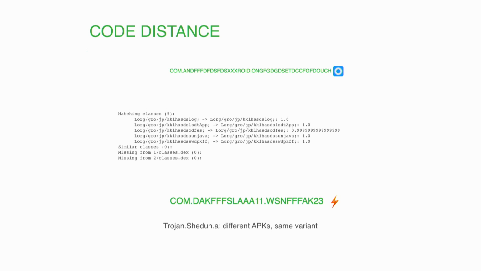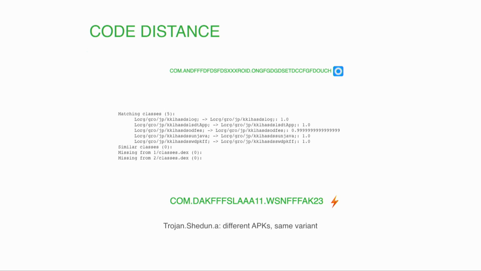So in this case, 2 different applications. They have different package names, different icons. They have completely different resources and associated material in the APKs. But if you look at the code similarity, you can see that these are the same code, the same classes.dex, same code in these classes underneath it all.